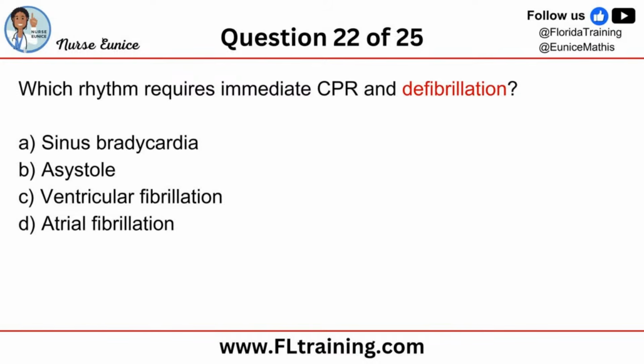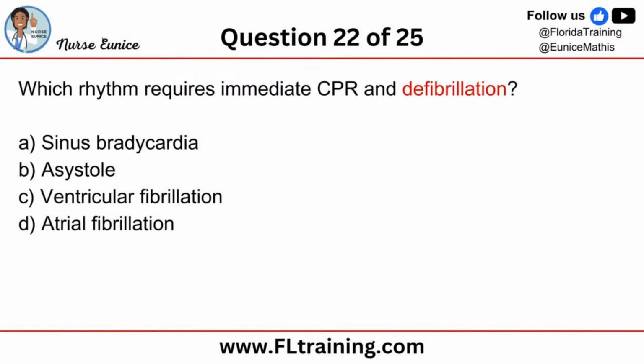And if I'm not mistaken, the other rhythms were all perfusing rhythms. So sinus bradycardia, you wouldn't want to shock somebody who still has a pulse. The heart is still pumping, it's just pumping slowly. You also wouldn't want to shock D, atrial fibrillation. The person still has a pulse. The P waves are variable. It's kind of hard to distinguish, but they still have a pulse for AFib.